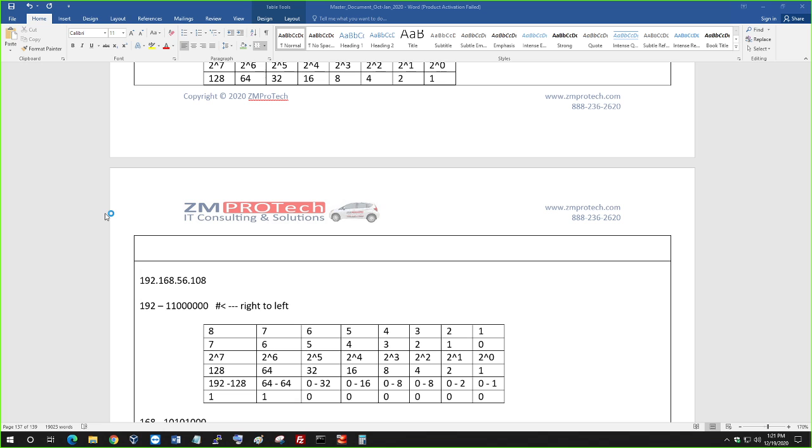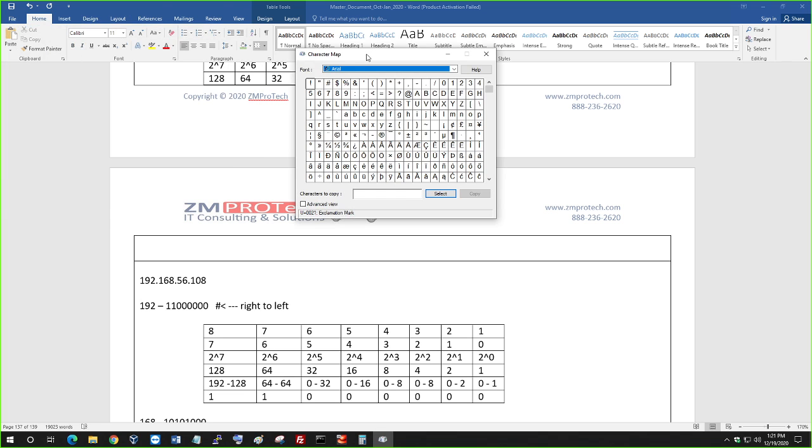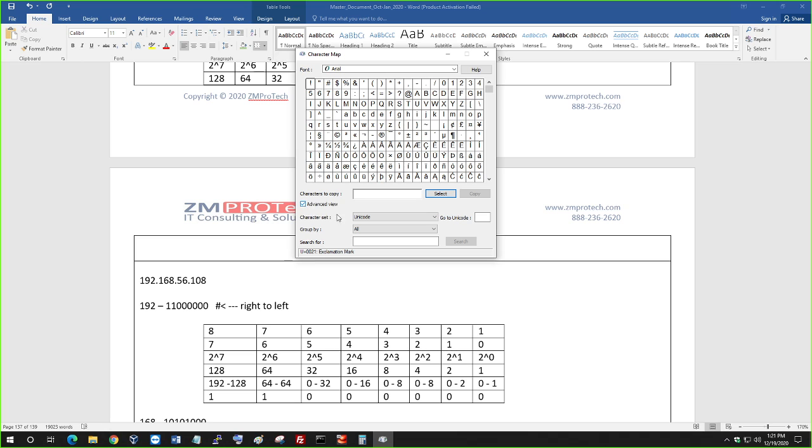If you bring up the character map here, you have all this, everything is here. Advanced view. If you click on something, let's see this one here.